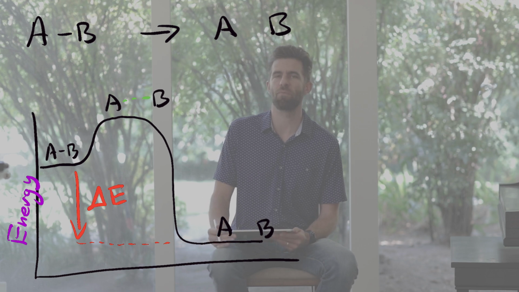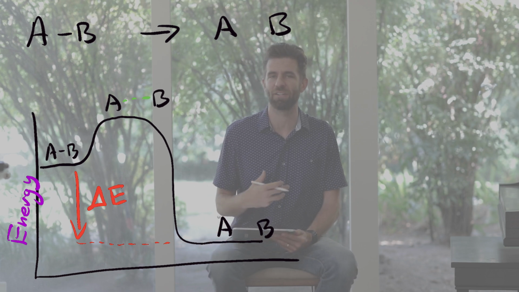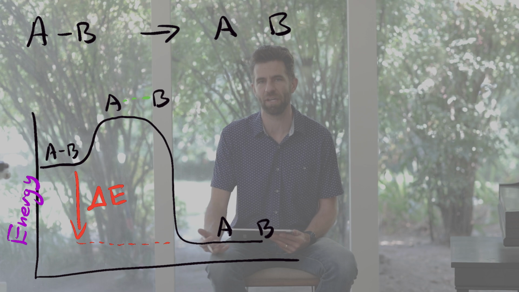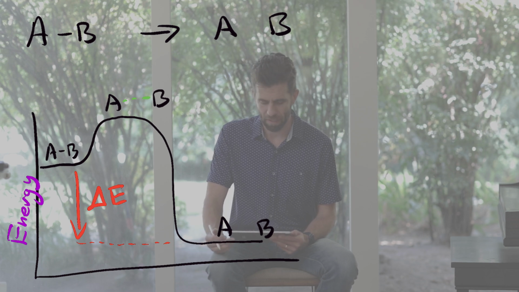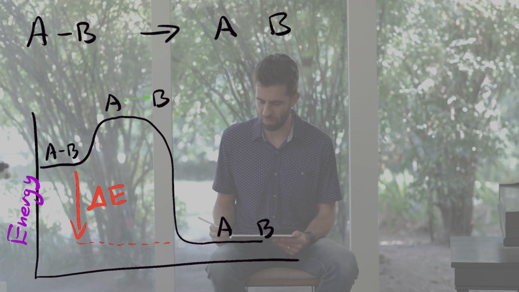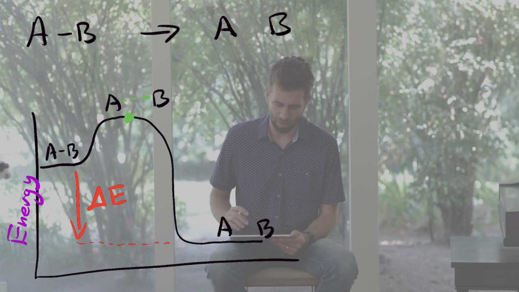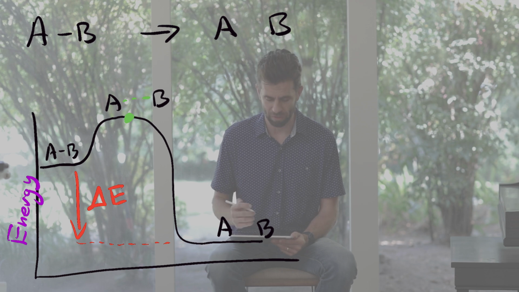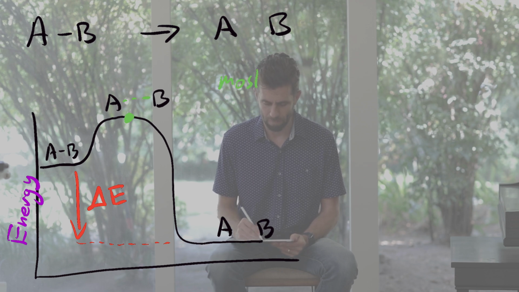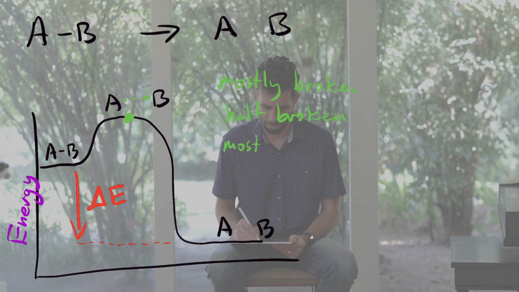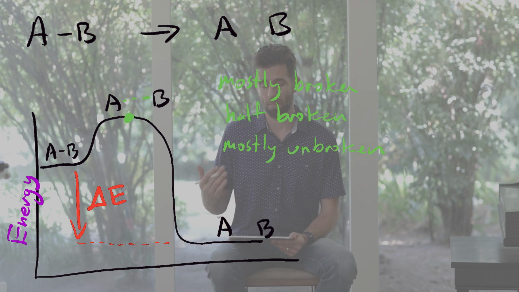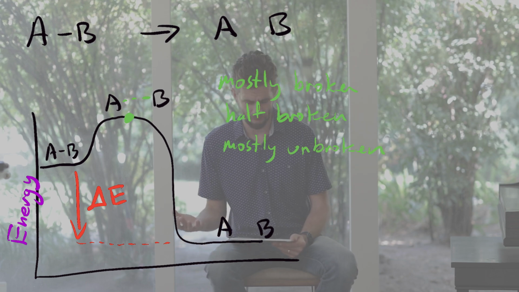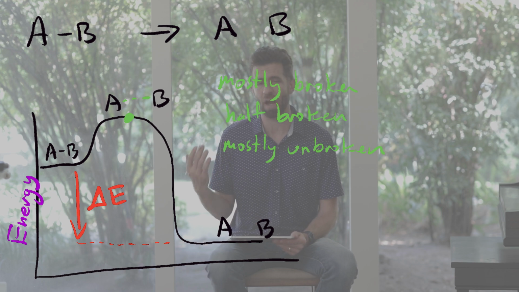In this case, the products have lower energy than the reactants. They've released energy. So this is exergonic. Now, in this exergonic reaction, answer the same question for me, and let's see if you can apply Hammond's postulate. Is this bond mostly broken, half broken, or mostly unbroken?